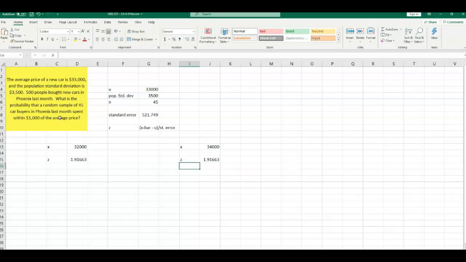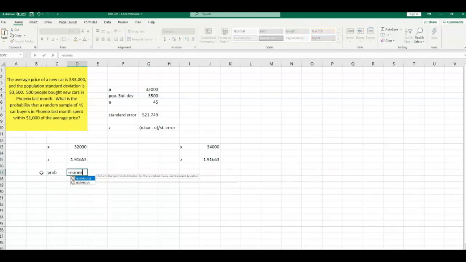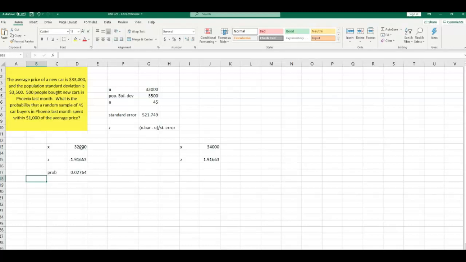And we want to know the probability that it'll be somewhere between. So what we'll do is we need to find these probabilities just like what we did in our first question. So norm.s.dist, we select our z-score, and we see that the probability of less than 32,000 is this 0.02.